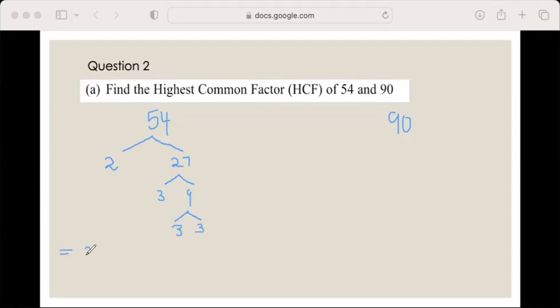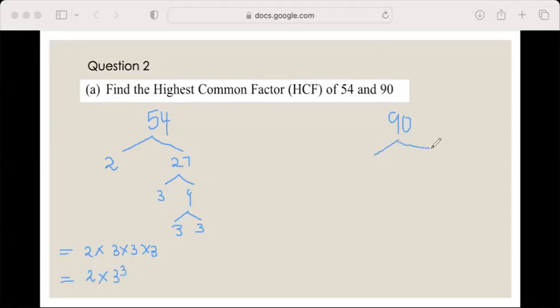So 2 times 3 times 3 times 3 is how we will arrive at 54. 2 times 3 is 6, 6 times 3 is 18, and 18 times 3 is 54. Right, so the prime factors of 54 can be written in index form like this, 2 times 3 to the power of 3.